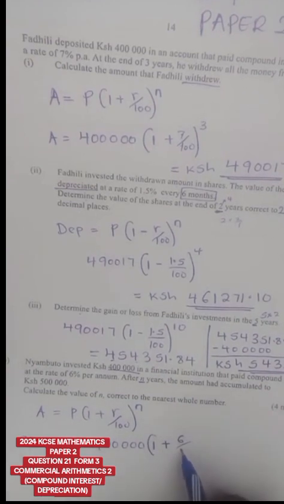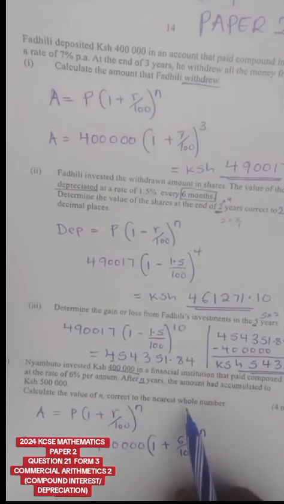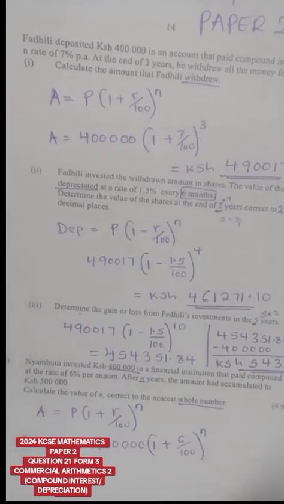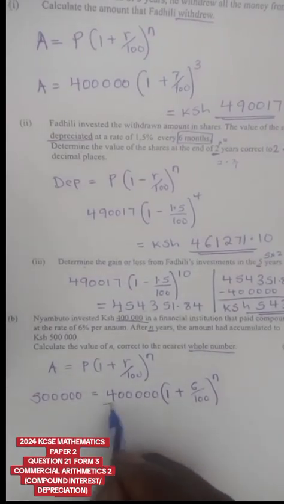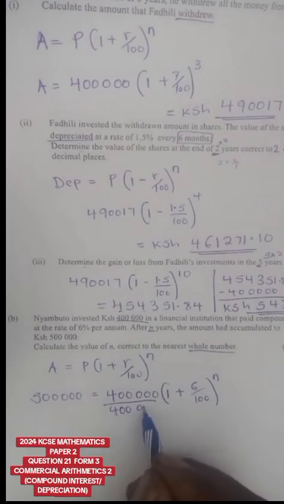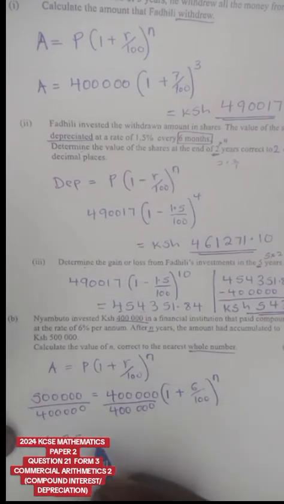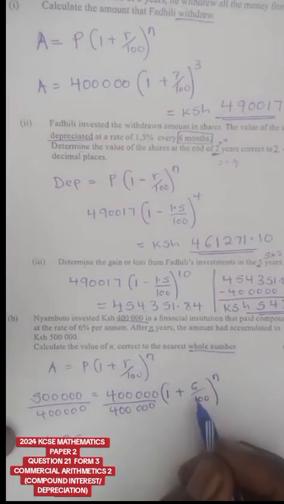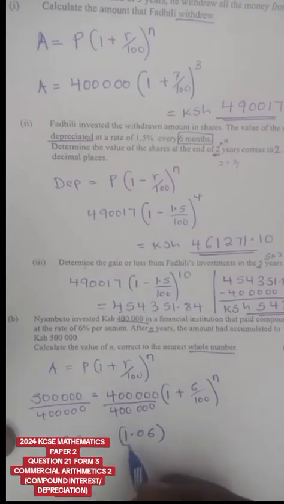Remember, it's supposed to be a whole number. So let us look at that. We are going to divide both sides by 400,000 so that we make the equation smaller. If you divide, you are going to have 1.25 is equal to 1.06 to the power n. To remove the n from the top here, we take log on both sides.